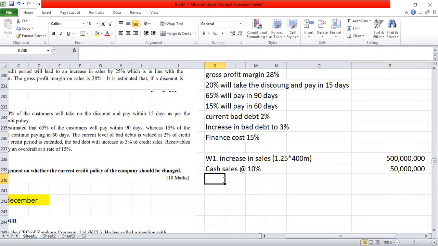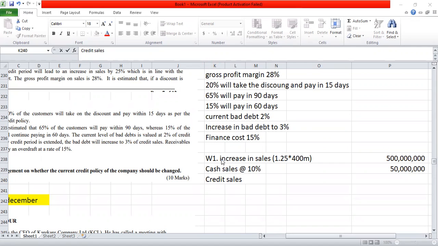So our credit sales will be the new sales after introducing the policy, which increases by 25%.